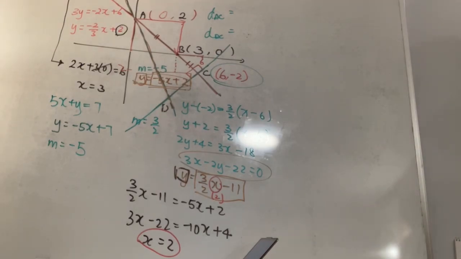Okay, then a half base times height. What is your base? Base is the distance from, yes. And then the height. So you have 8 minus 2, so it's 10, right?